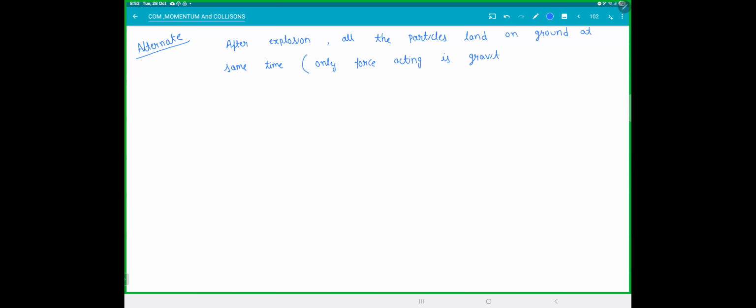So it is the same force of gravity before and after explosion. Now we can make an argument like this. Since explosion is internal force, it does not affect the center of mass. Explosion is an internal thing. So explosion is due to internal forces.